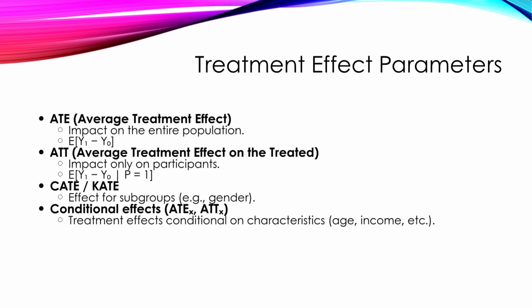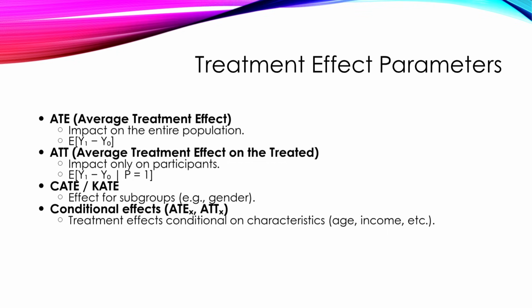So the ATEX would equal the expected value of Y1 minus Y0 given X. So it's the general population which is treated or untreated with a certain X trait or characteristic. And then we have the ATTX, and this is the expected value of Y1 minus Y0 given that P is equal to 1 and given X, so it's a treated individual with a particular characteristic or trait.